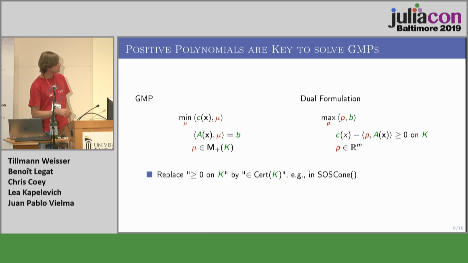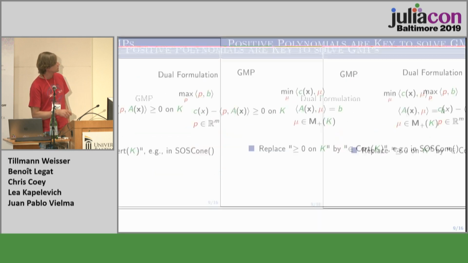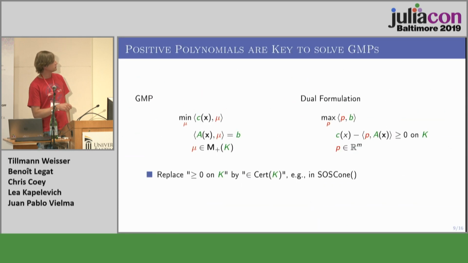So being a sum of squares guarantees that this polynomial is non-negative everywhere, and there are slightly more complicated certificates which tell you that it is non-negative on the set K. So this is what's going to happen. And this is why when I define my measure mu, I will tell it what certificate it should use here in the dual.